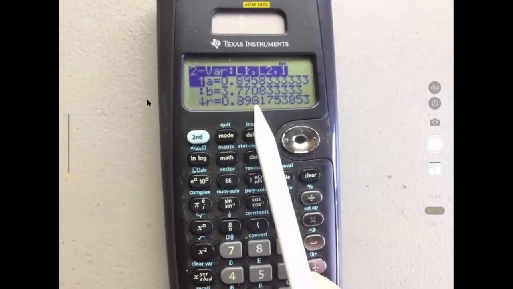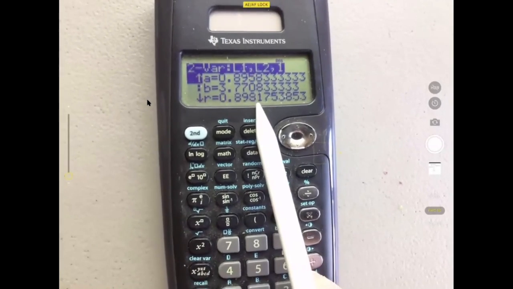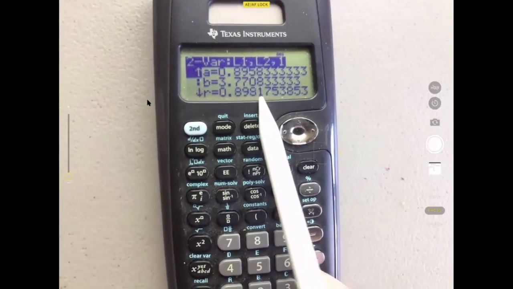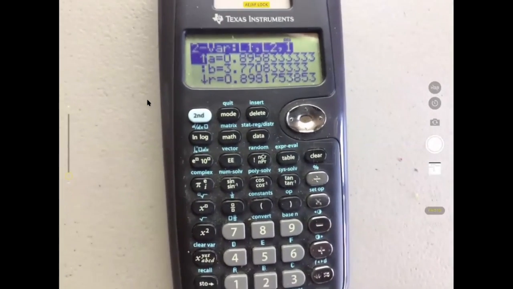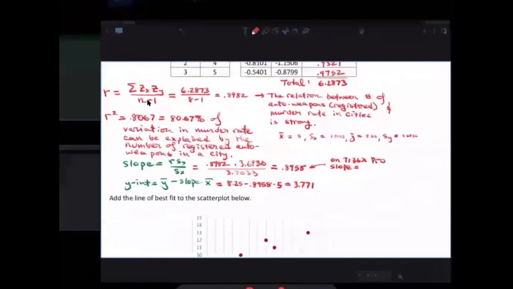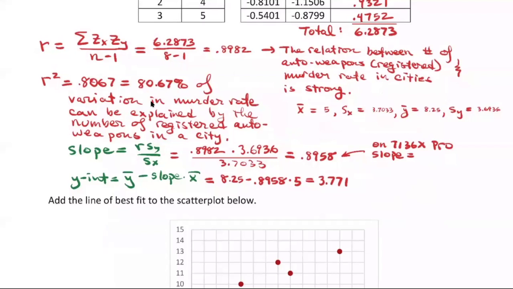So r was 0.8982? Is that what we got? 0.8982, exactly right. Sy, Sx, the slope was 0.8958, the y-intercept 3.771.